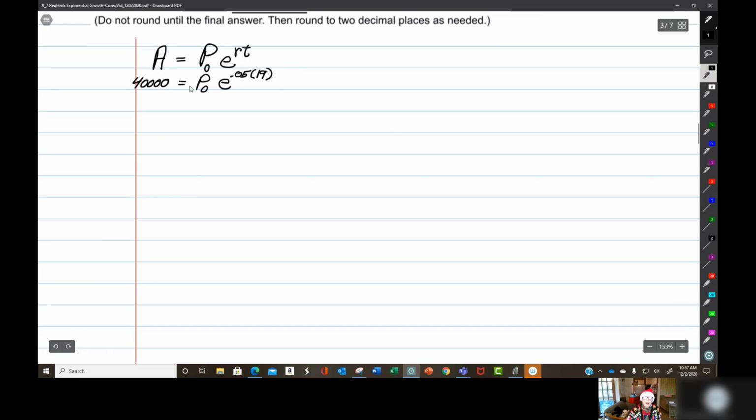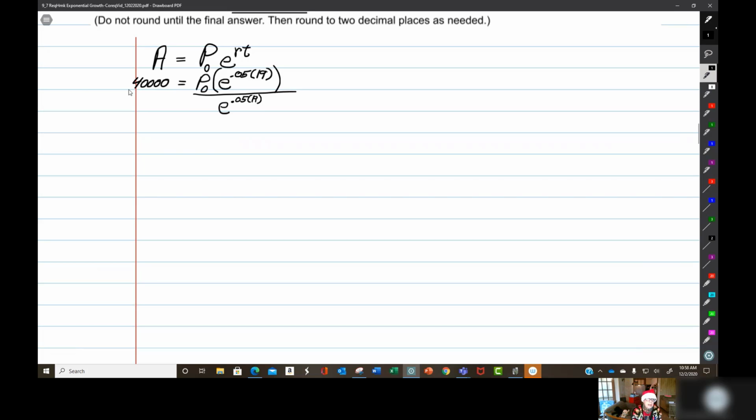Okay, well, I need to find out, no I don't. This is going to be a number, e raised to the 0.05 times 19. This is the power that e is being raised to. So it's going to be a number, so I can divide both sides by that number. I don't know what it is yet, but I don't care.